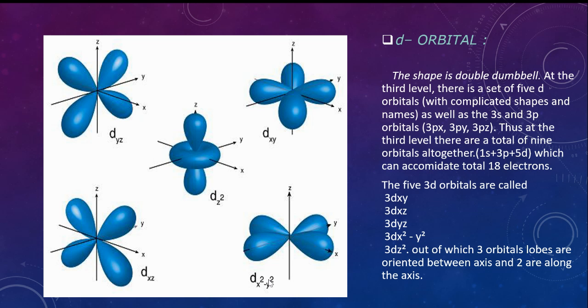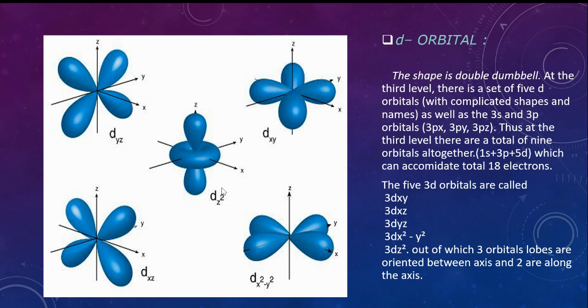Now, coming to the dz square orbital, the fifth orbital, it has two lobes on the z axis and a ring in the xy plane. So this looks totally different, where we can find a ring around the z axis. Okay, so this is about the d orbital.